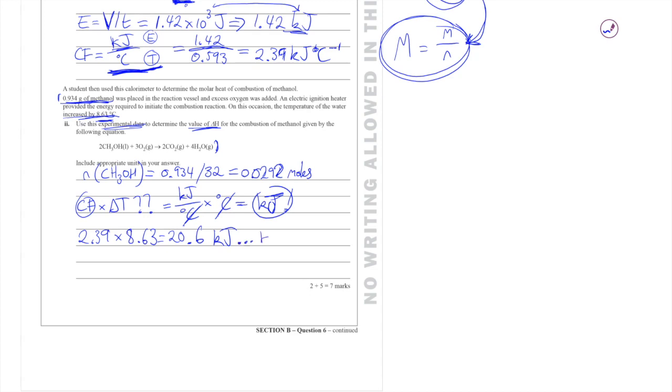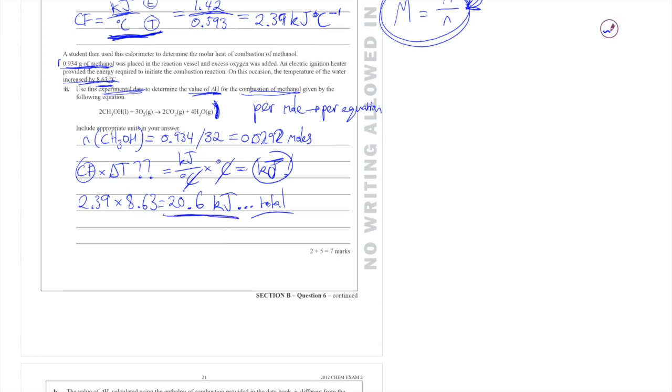Now, what do we need to do from here? Well, this is my total energy released. And what we're asking for is ΔH for the combustion of methanol. And what that means is per one of these equations. The easiest way to do it is to work out per mole and then go to per equation. So let's start out by working it out per mole. The total energy released was 20.6. To get it on a per mole basis, we simply divide by the number of moles.